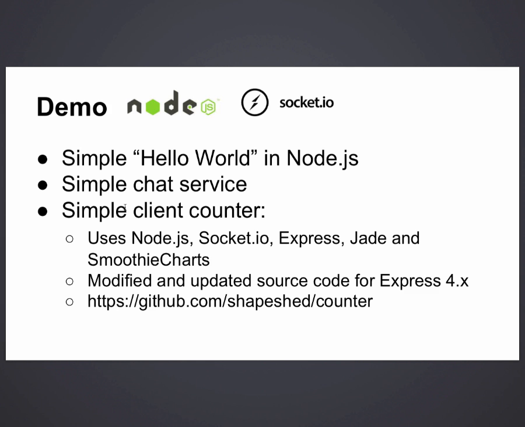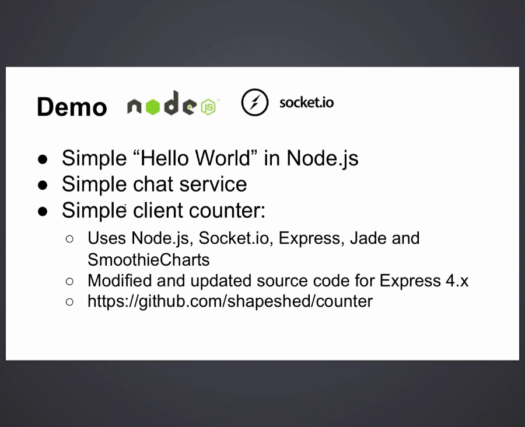So I'm going to stop this, and then we'll show you the chat version of this. So I'm going to start the chat demo. Okay, so now it says it's listening on port 3000.